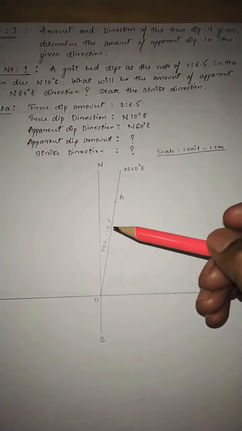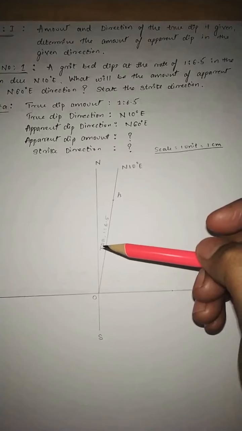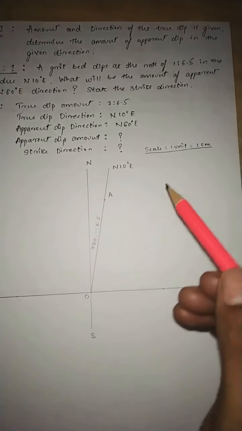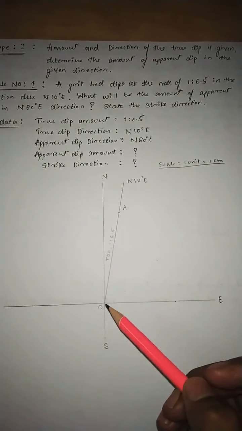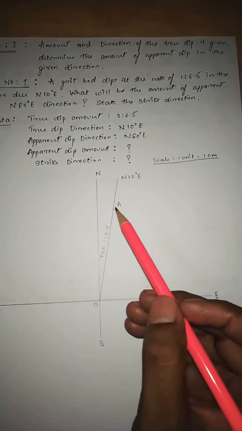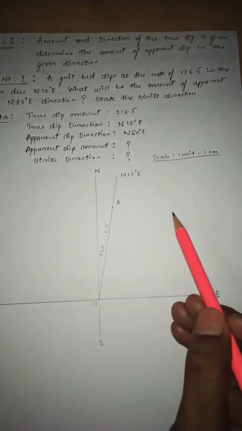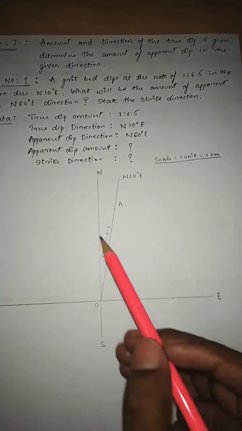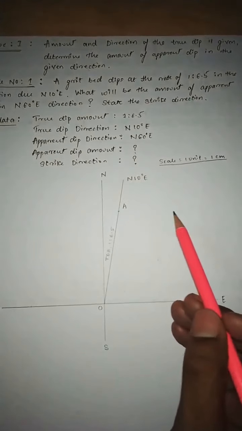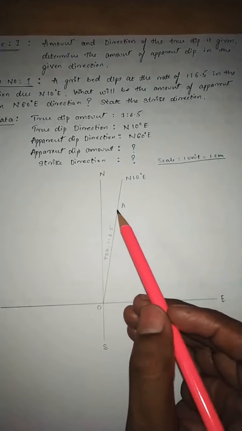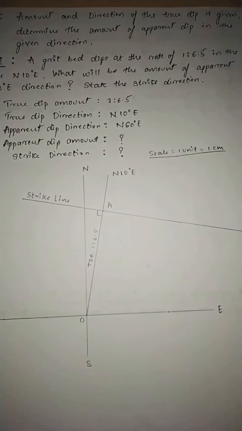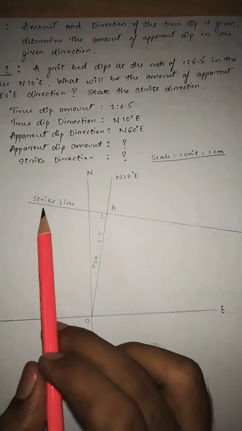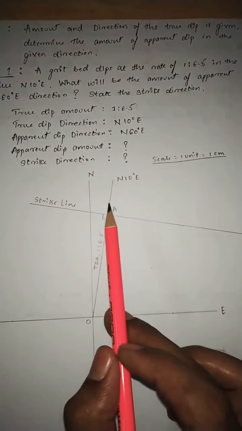According to the relation between true dip and strike, they are perpendicular to each other. So to this line at point A we will draw a perpendicular line. This is the true dip, and the line perpendicular to it is the strike. We have drawn the strike line here, perpendicular to the true dip.